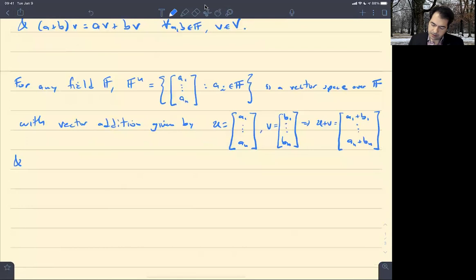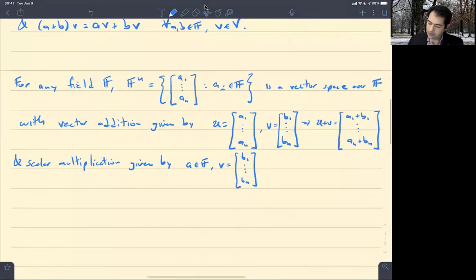And scalar multiplication is given by, if you give me an element a of the field and you give me a vector, say with entries B1 through Bn, then a times V is just scalar multiplication in each entry.